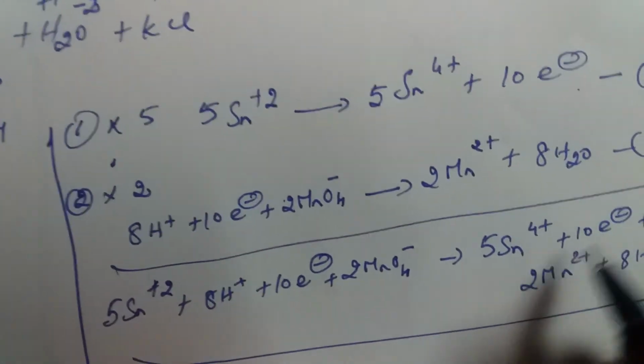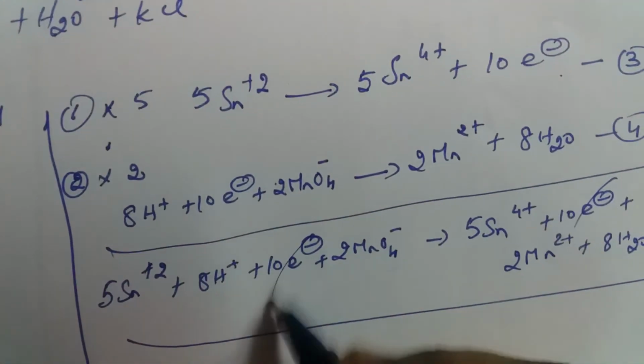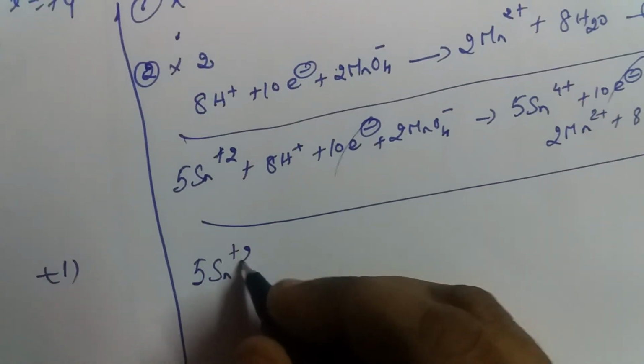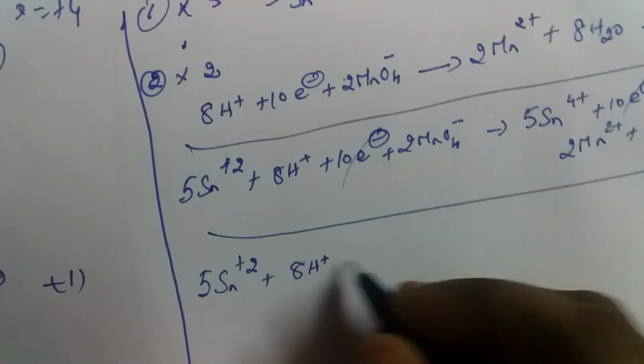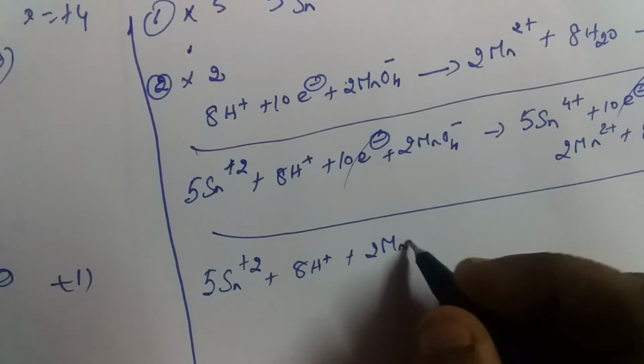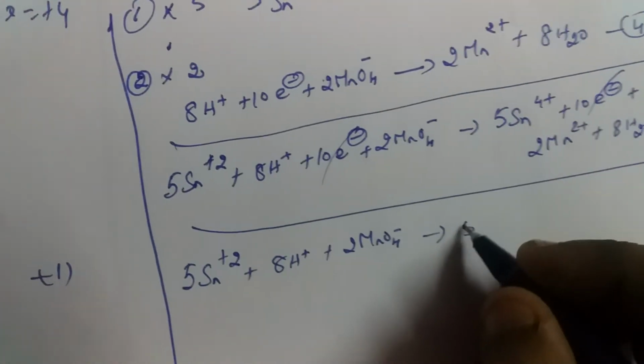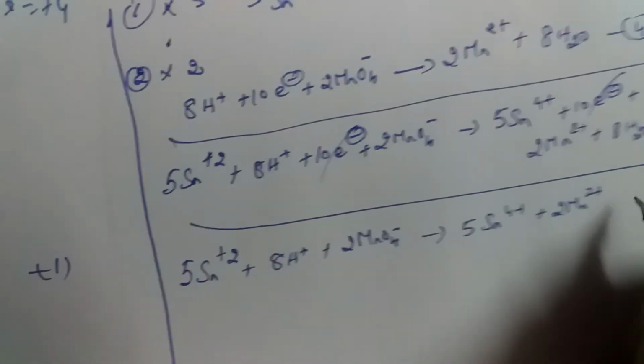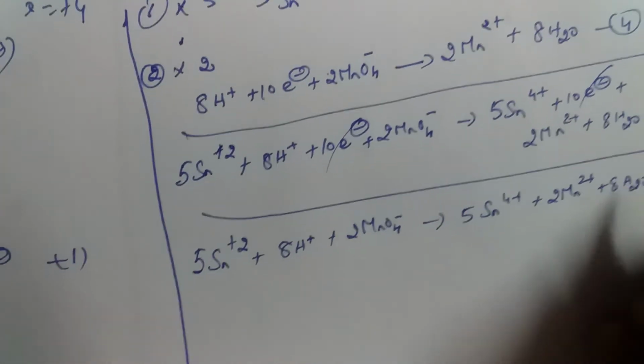Here, according to the cancellation law, the 10 electrons get cancelled. Then we get 5 Sn2 plus plus 8H plus plus 2 MnO4 minus gives 5 Sn4 plus plus 2 Mn2 plus plus 8H2O. Now this equation is balanced.